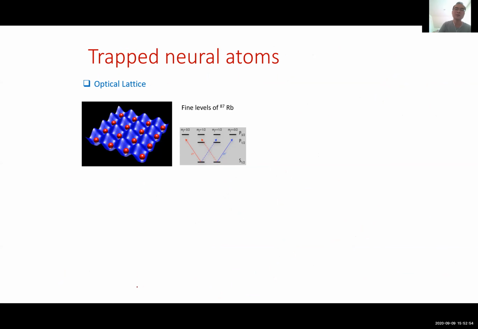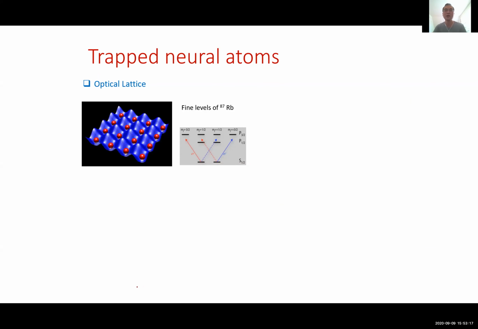Another set of qubits used are in neutral atoms. The reason we want to use neutral atoms or natural objects is because their properties are well characterized. All the atoms are the same atom, same number, so they should have the same properties.